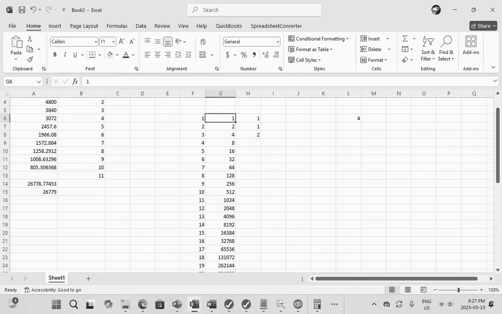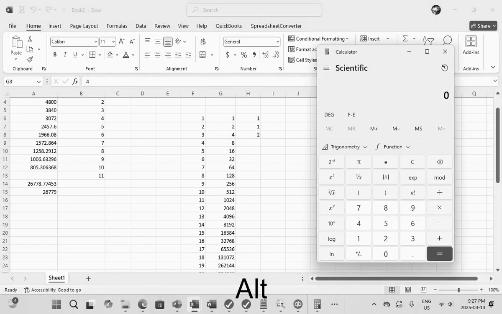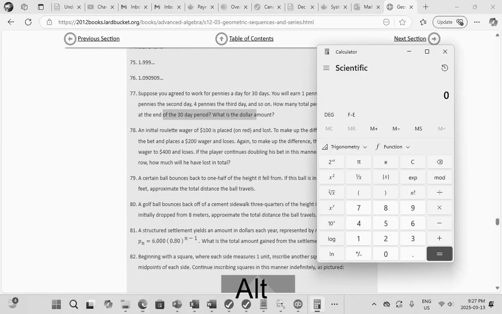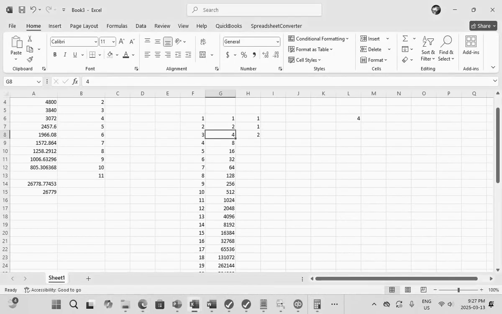So 1, 2, 4 are your values that have been given, and based on these values, you can figure out a formula. The difference between 1 and 0 is 1, 2 and 1 is 1, 4 and 2 is 2.